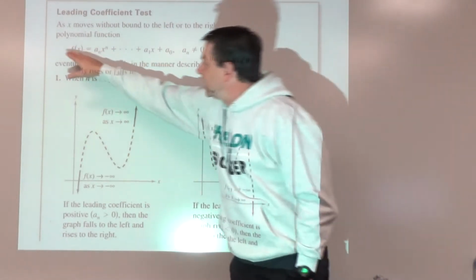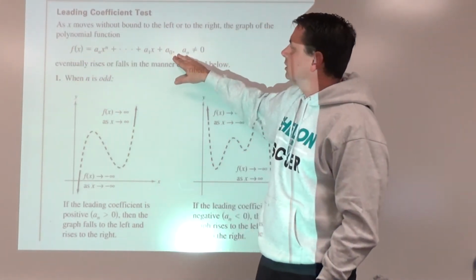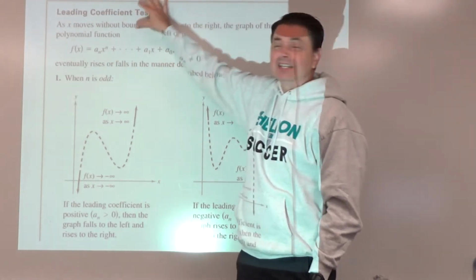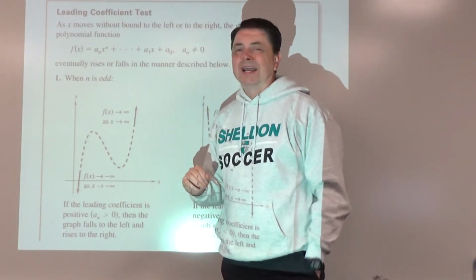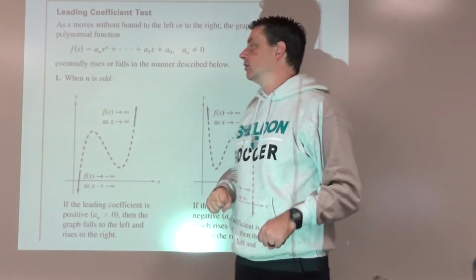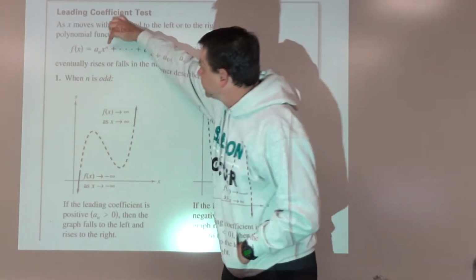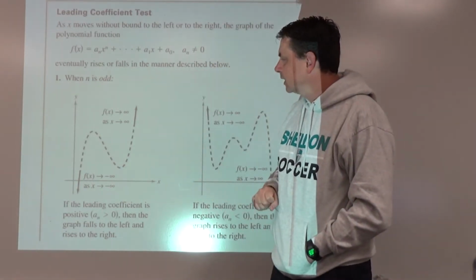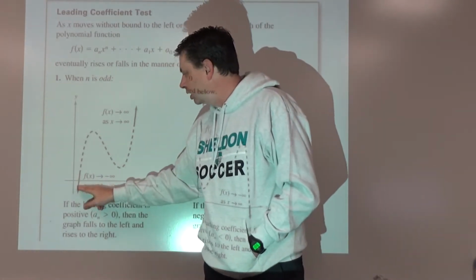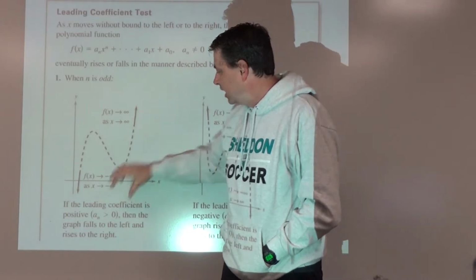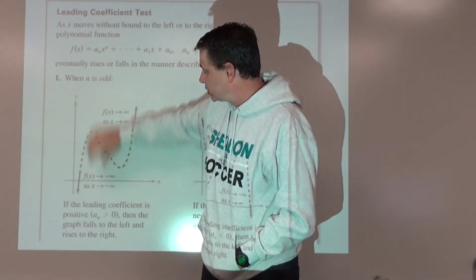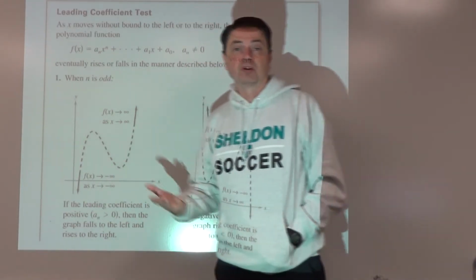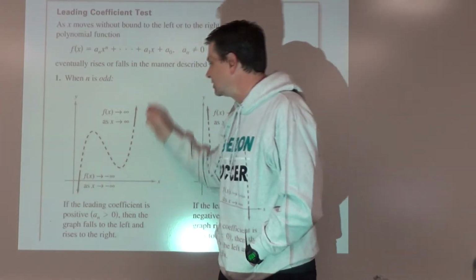So dealing with a polynomial function, we're going to look at the leading coefficient test, what happens out at the edges of the graph. When our degree, n, is odd, it will start low and end high when the leading coefficient is positive, so no reflection. Starts low, ends high.